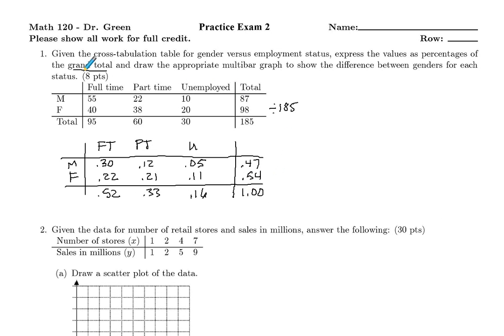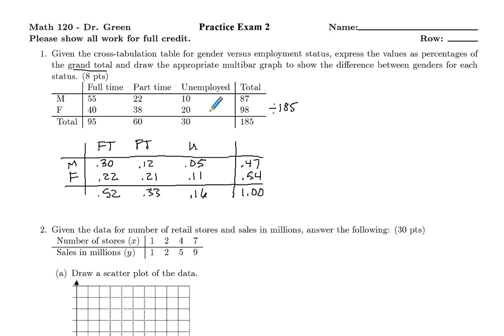Now, if I said express the values as percentages of the row total, then you divide this row by 87, this one by 98, this one by 185. If I said express as percentages of the column total, then you'd use the 95, the 60, and the 30. I won't use the marginal language that they used in the textbook, express as marginal totals of.